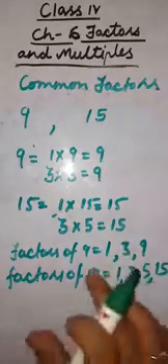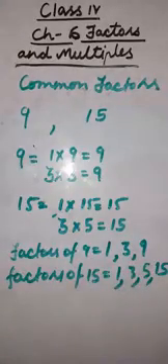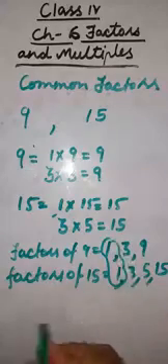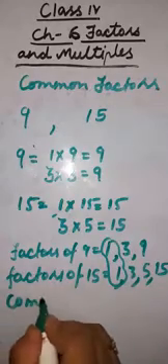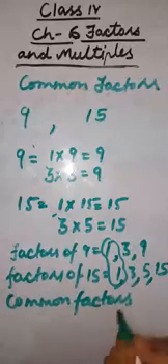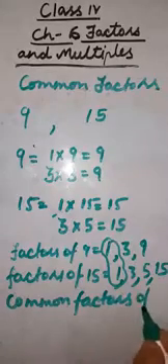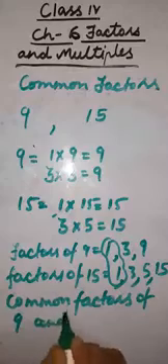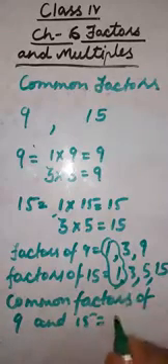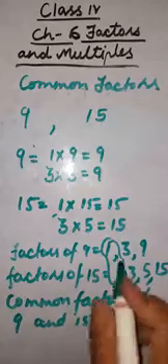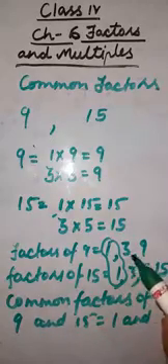Okay children, now look at here which numbers are common. Among the factors of both 9 and 15, which numbers are common? Here we have 1. So common factors we will write. Common factors of 9 and 15 is equal to 1 and, just look at another one, 3 here and 3 here.